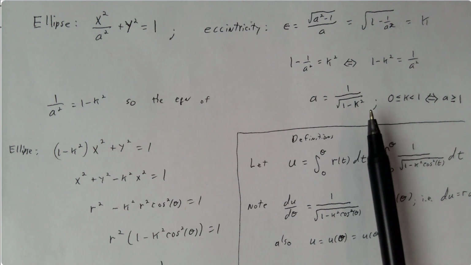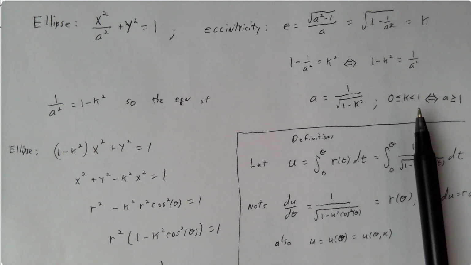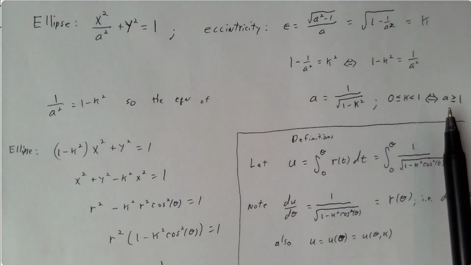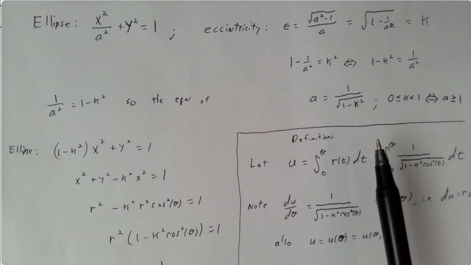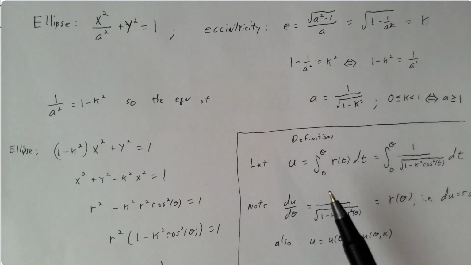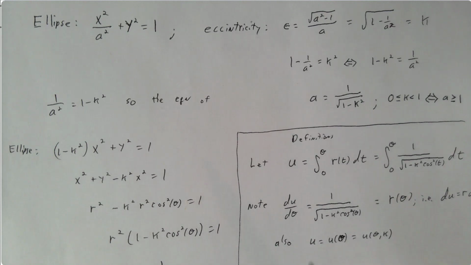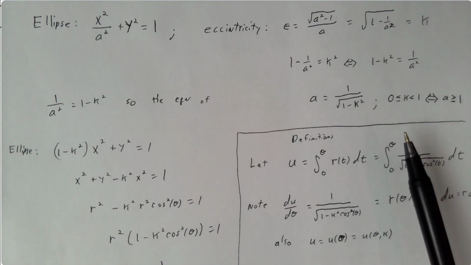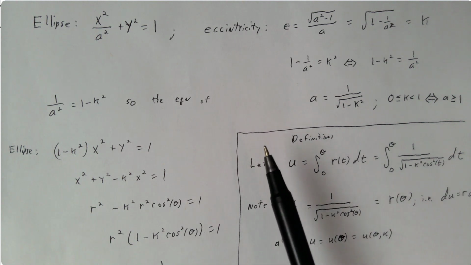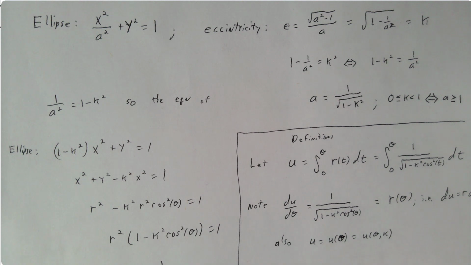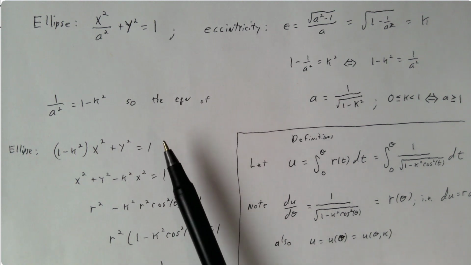So given any k between 0 and 1, I can get an a greater than or equal to 1. So k equals 0 ends up being a circle, and cn and sn then just become cosine and sine. As k goes to 1, we'll see what happens. With this definition, it's kind of hard to see, but with my other definitions, we'll be able to see it better.